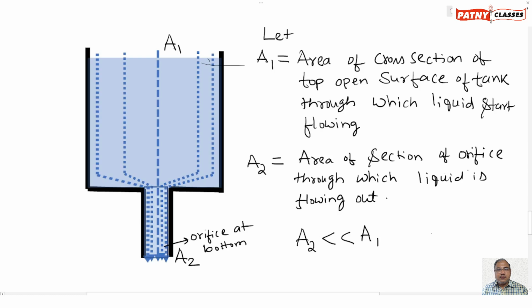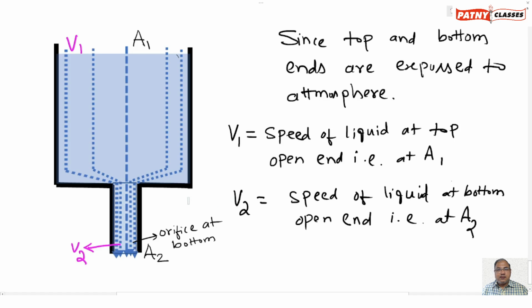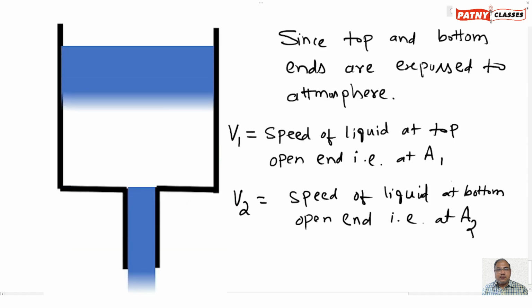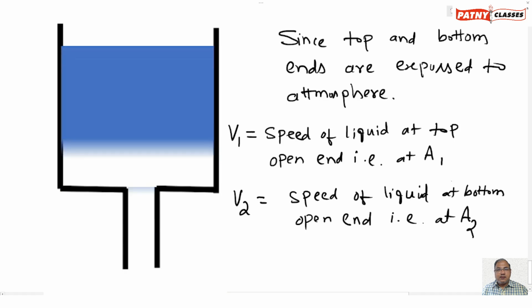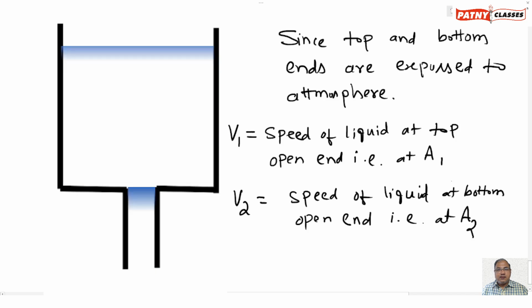So A2 is the area of cross section of the orifice through which liquid is flowing out. One more important thing, the area of cross section of the orifice is very much smaller compared to the area of cross section of the open top of the tank, as the liquid is flowing from the top end and going out of this container from the bottom end.